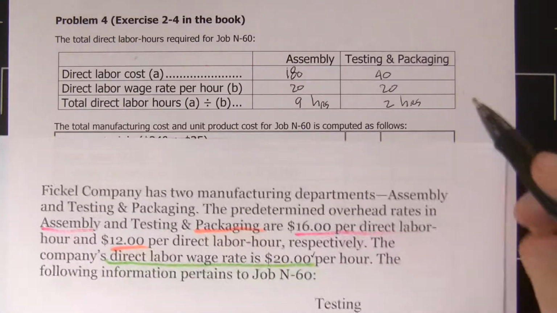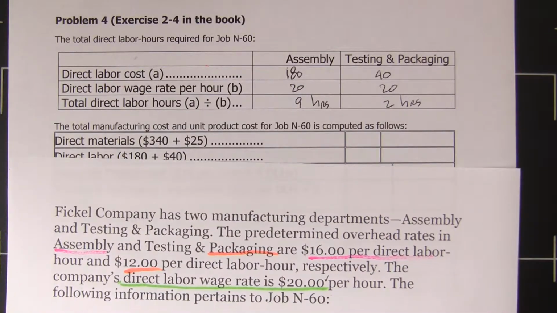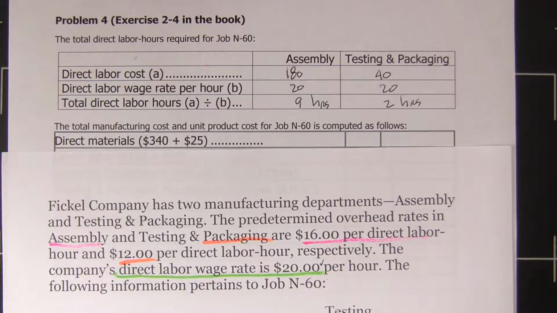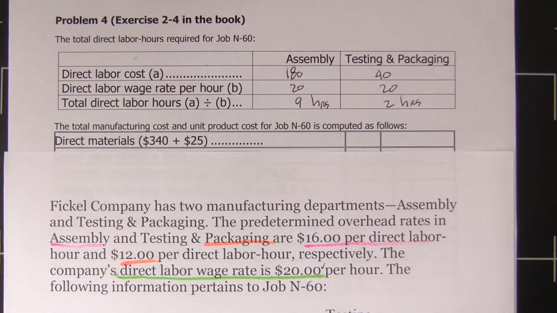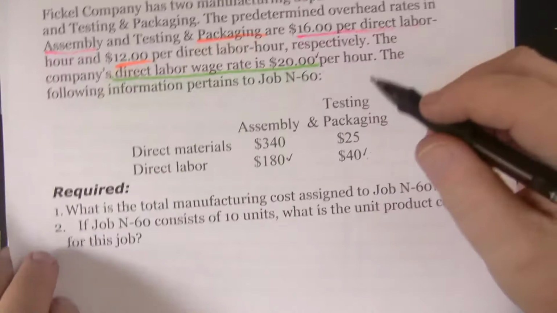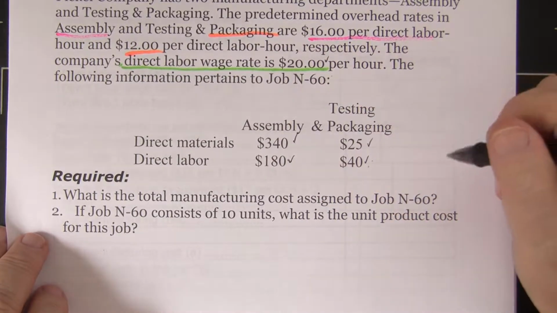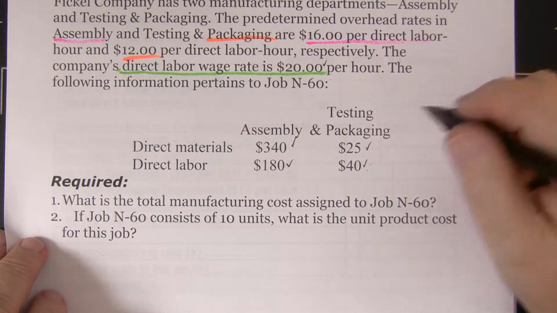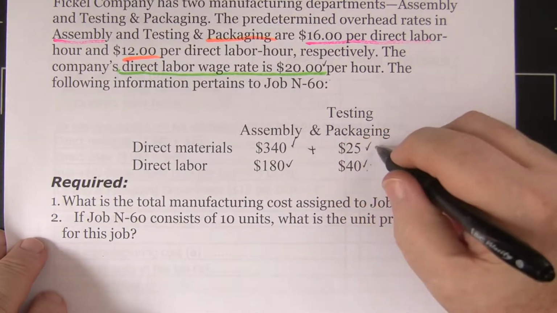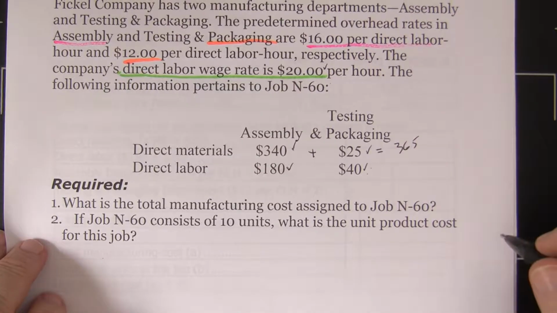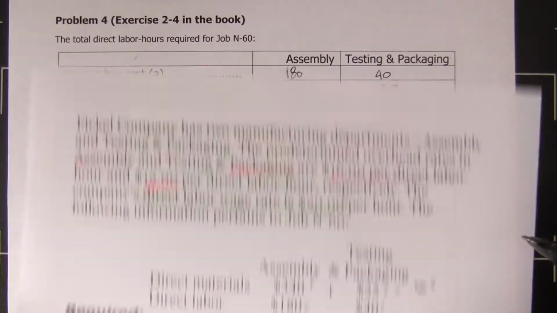So the direct material is computed as follows. We have the $340 for the direct materials, and we have $25 for the direct materials used in testing and packaging. That total is the total direct materials.